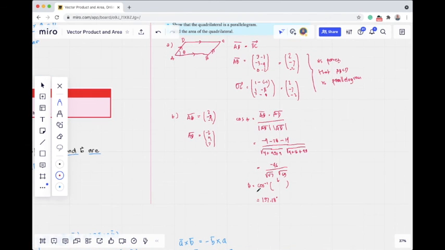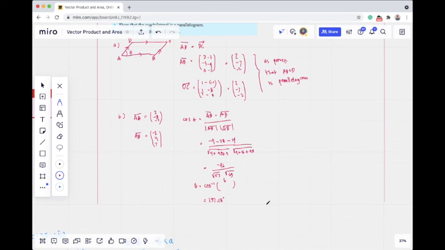Because we know that theta is an obtuse angle, now we know the actual position of A here. Maybe ABCD is arranged like this, right?